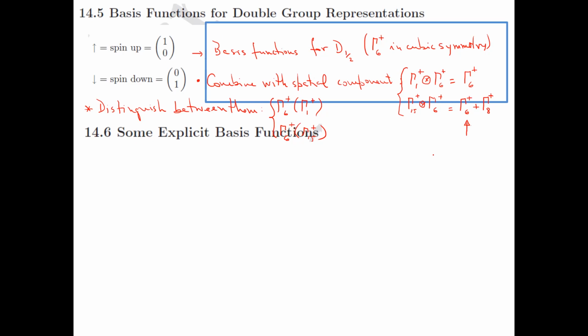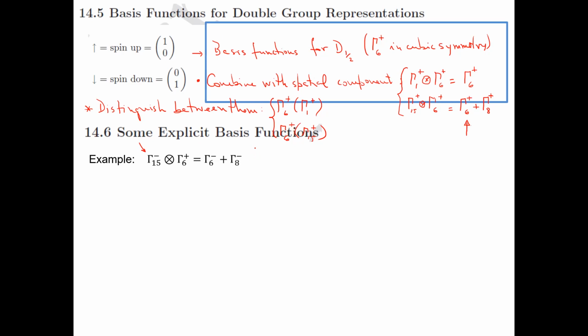Having that in mind, let me now see a few examples of basis functions in which I consider both the spatial and the spin part. The example I want to analyze initially is the following. Let's suppose I have a gamma 15 minus ordinary representation, and after I introduce spin orbit coupling, I make the direct product with the spinor representation, and that splits into a gamma 6 minus and a gamma 8 minus.